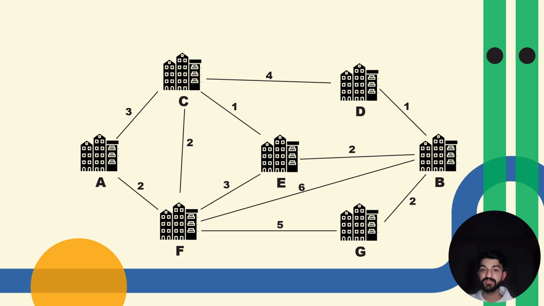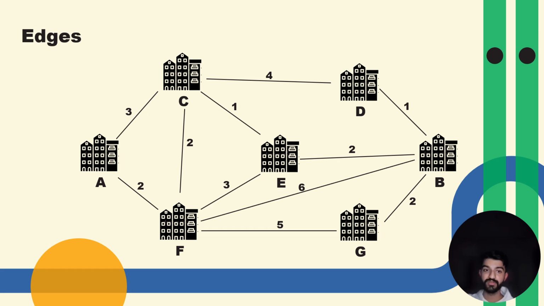This is a specific example of a more general problem in graph theory, where we have vertices, in this case our towns, that are connected by edges, in this case our roads.